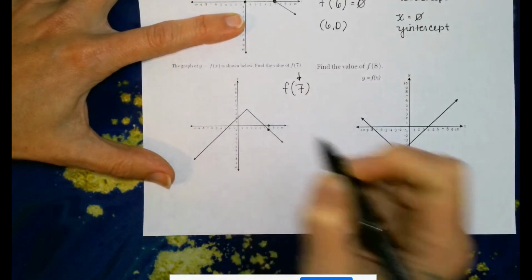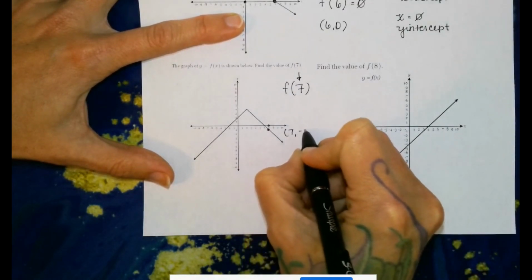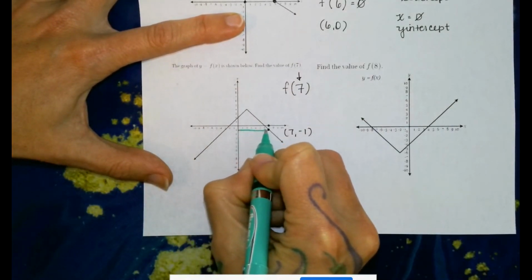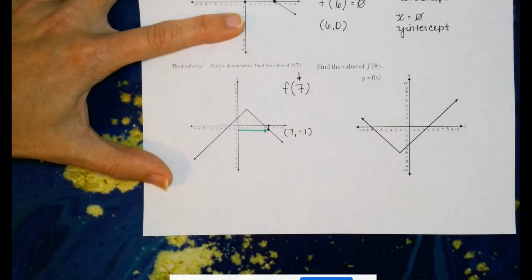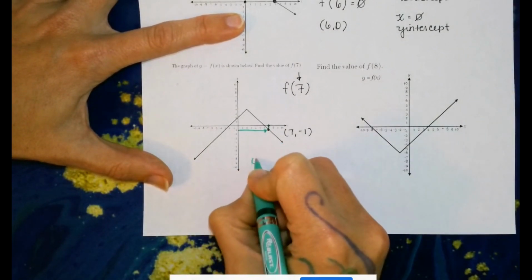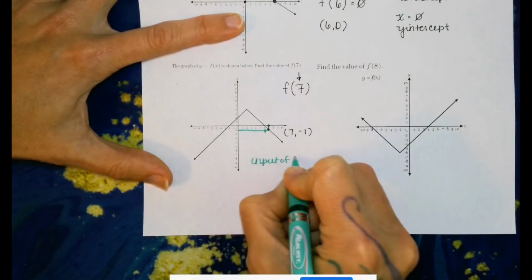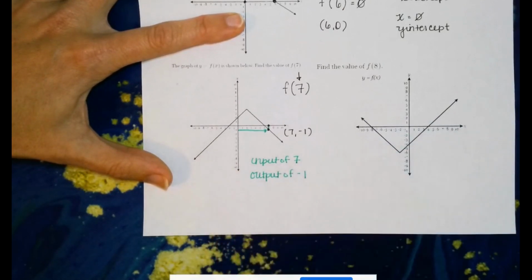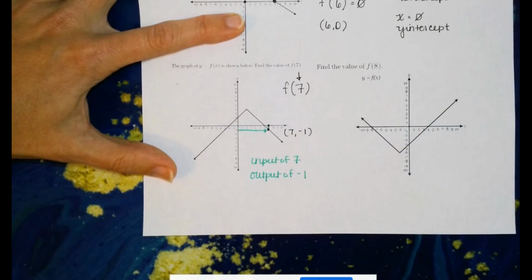And it looks like it's going to be -1 for our y value. So input of 7, output of -1. Input is independent. Your x value is independent. And your y value depends on what x value you choose to go look for.